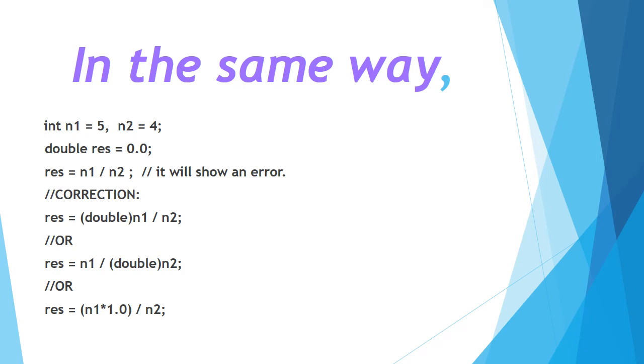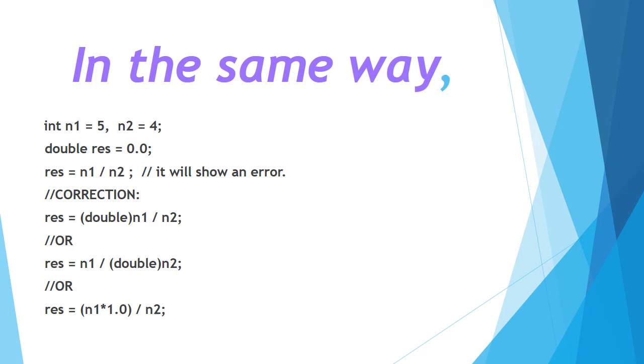Or one more option is available: any of the variables, either divisor or dividend, we can multiply by 1.0. You know that if we multiply any number by 1, the product will not be affected. In the same way, if we multiply by 1.0, the output product will be the same, but it will now be in decimal form.